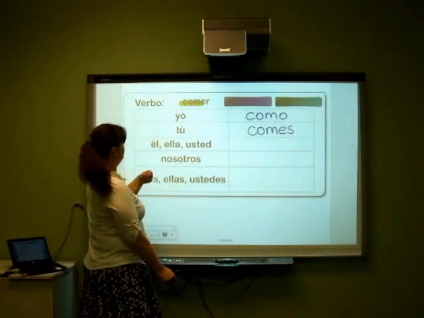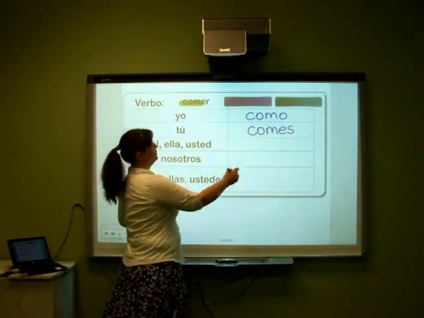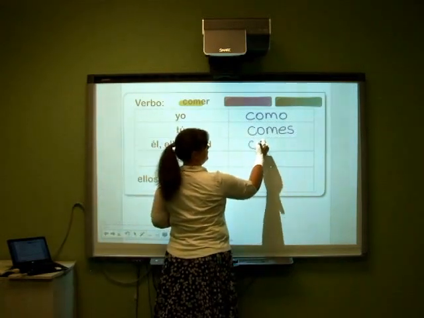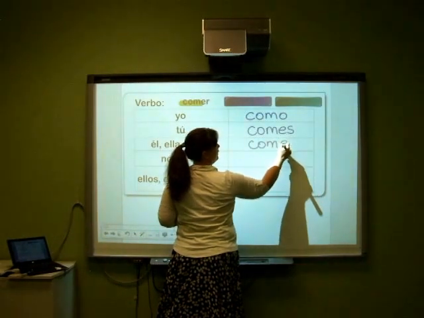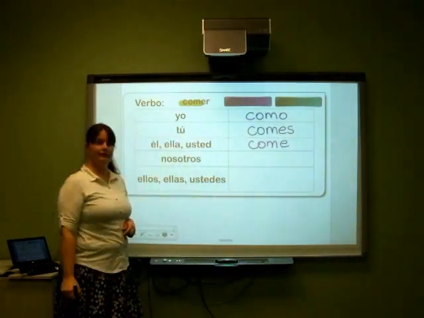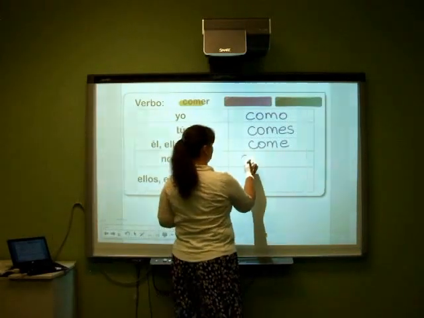For él, ella, and usted, we have com. Remember, we begin with the stem. Come. Nosotros comemos. Very good.